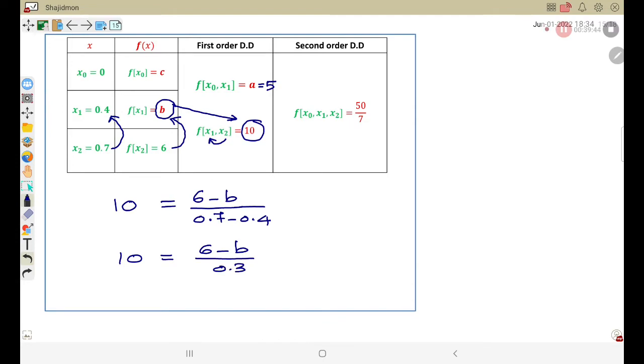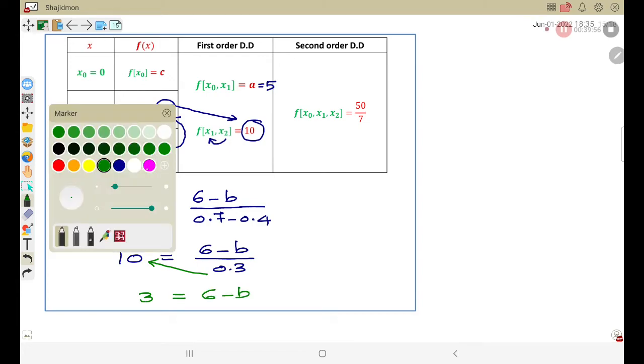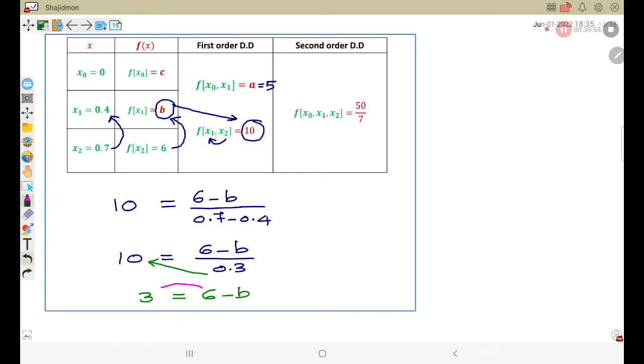Now as I told you, cross multiply 0.3 here. 10 multiplied by 0.3 means 3 equals 6 minus b. Now take 6 to the left side. So 6 coming to the left side means 3 minus 6 equals minus b, correct?